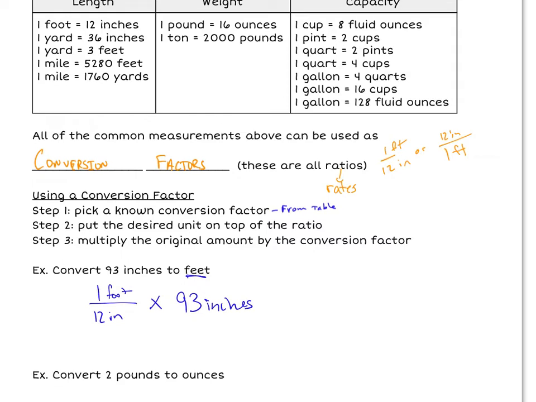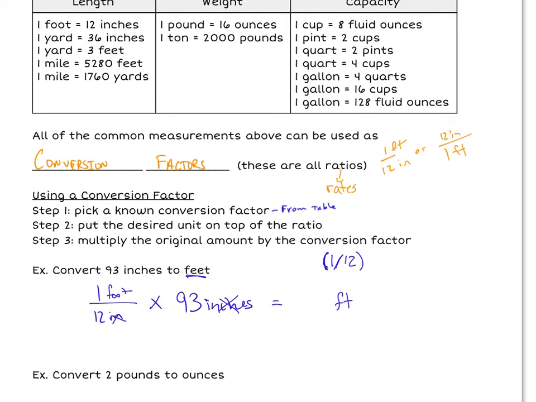And because I have inches on the bottom and then inches as what I'm multiplying with, those are actually going to cancel. So my final answer will have the feet as my answer. To put this in your calculator, the easiest way to do that is use the parentheses. So you push the parentheses button, then you'll do 1, you'll hit your division key, 12, and then end your parentheses.